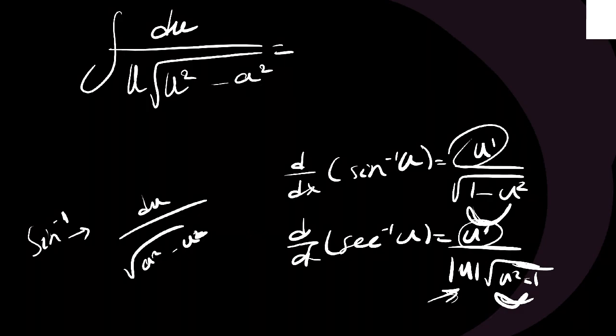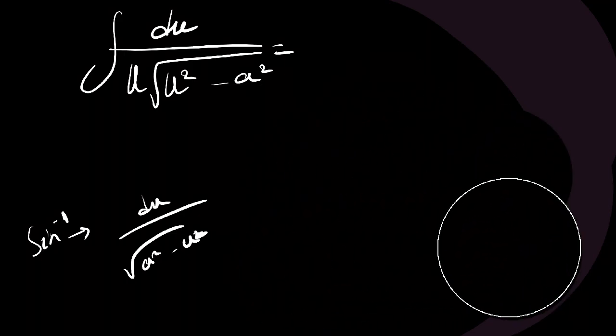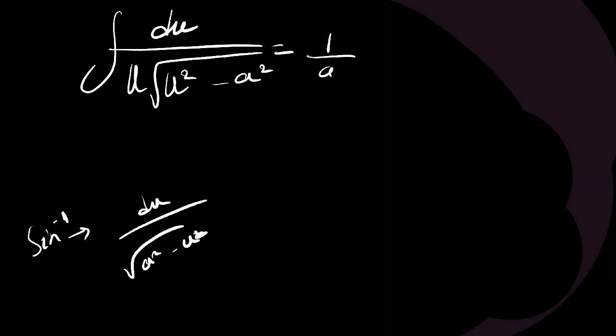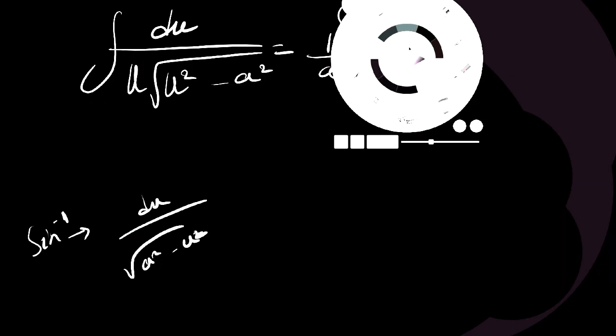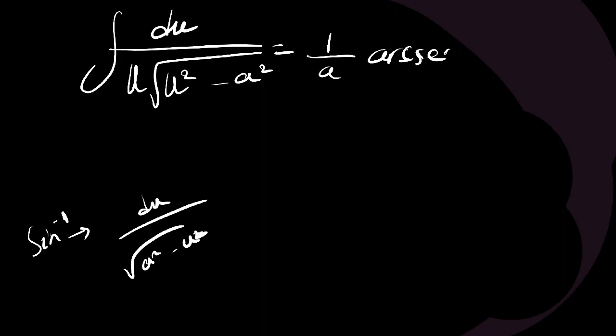So this is just going to be 1 over a times arcsecant of the absolute value of u over a plus c.